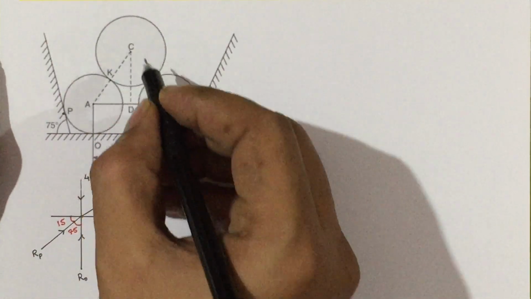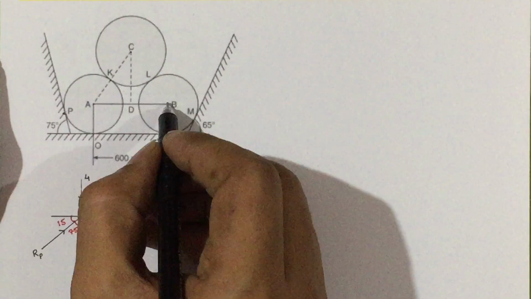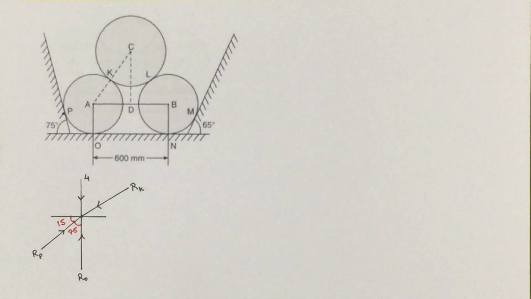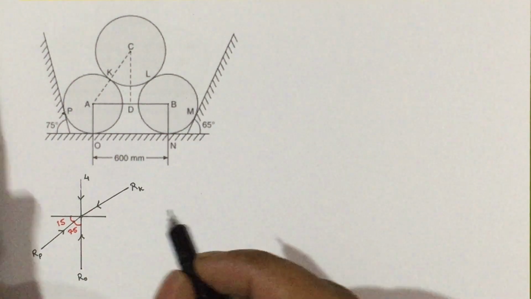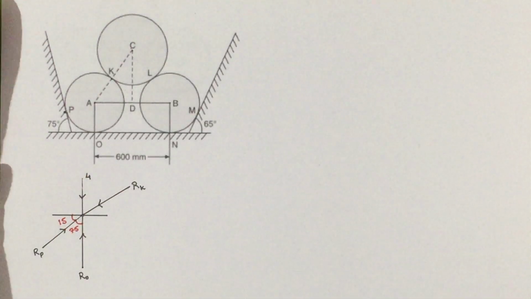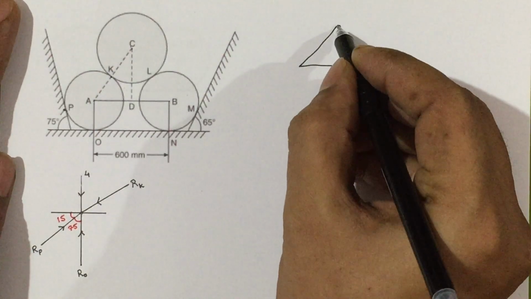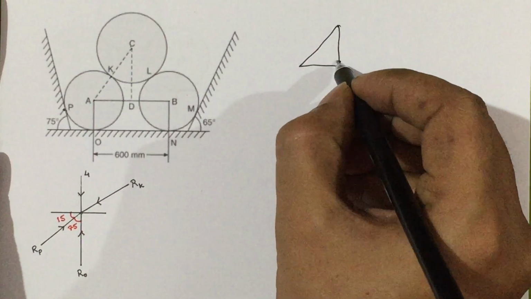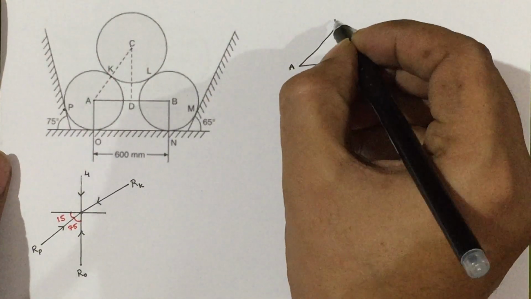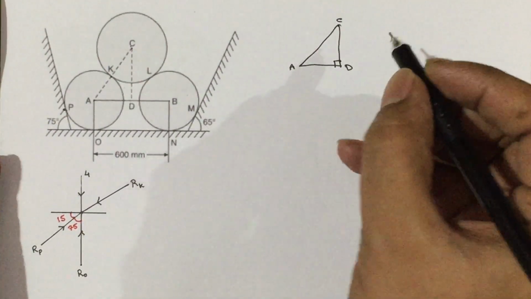Then drop a perpendicular from center of the C ball to this AB line. Then we will get this right angle triangle, then draw that right angle triangle. This is 90 degree, this is A, C and D point.